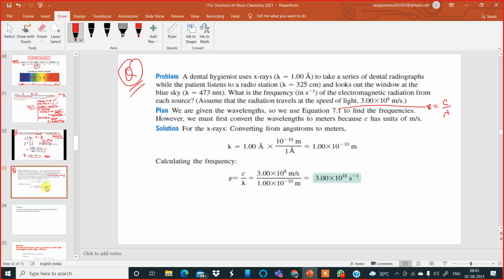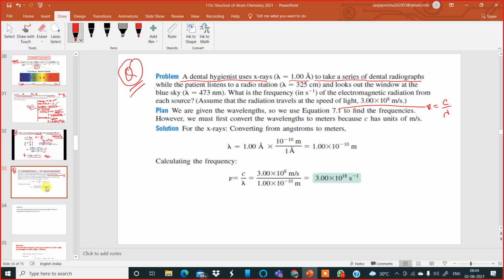A dental hygienist, a dentist, is using X-rays, and the X-rays have a wavelength of 1.00 angstrom to take a series of dental radiographs.